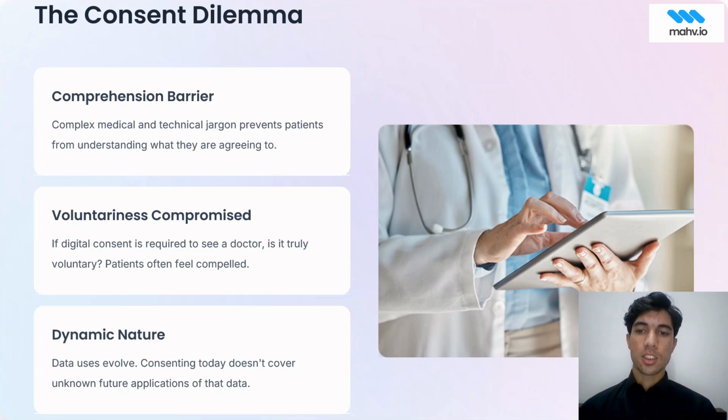If someone consents today to certain things, it's possible that tomorrow some other possibilities or uses of this data can emerge. So this dynamic nature of data use creates a dilemma of how to use this consented data.